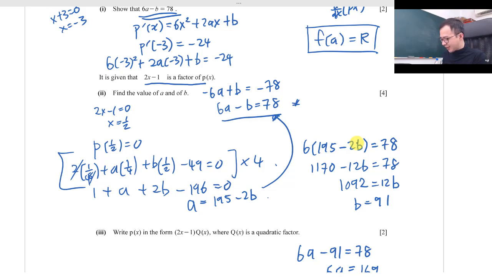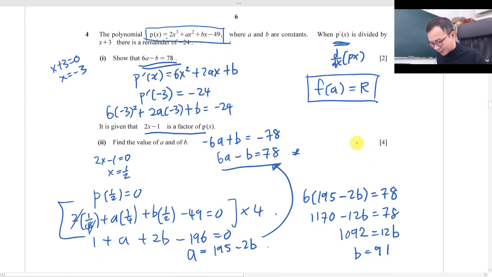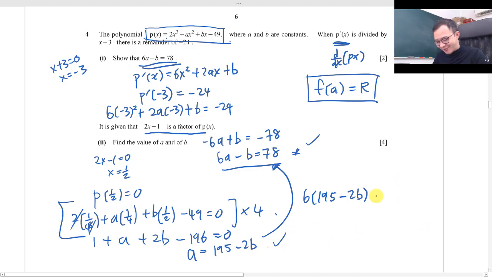I want to double check my answer because I realize my answer is a bit weird. Yep, both of these equations are the same as the marking scheme, but why am I substituting? Oh, 6a minus b. What's wrong with me? Yeah, I forgot about the minus b. Thanks for that. I am so stupid.